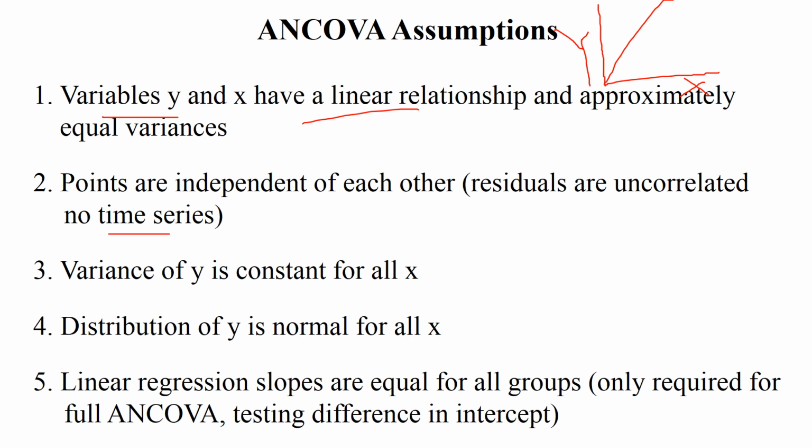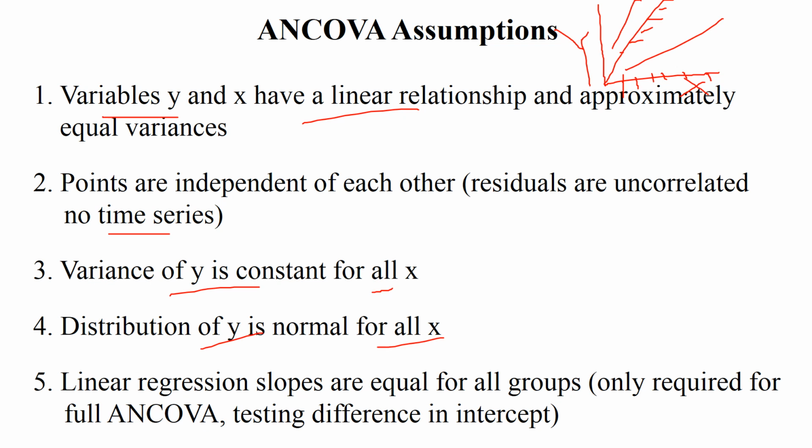The variance of y is constant for all x, meaning for x equal to 1, 2, 3, 4, 5, 6, 7, the variance of y does not change, because it is linear. And the distribution of y is normal for all x.